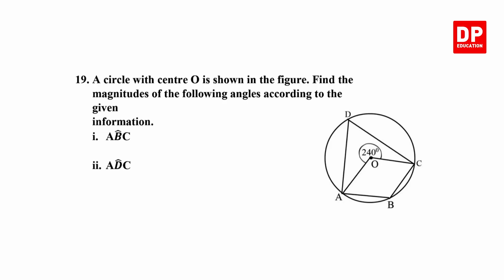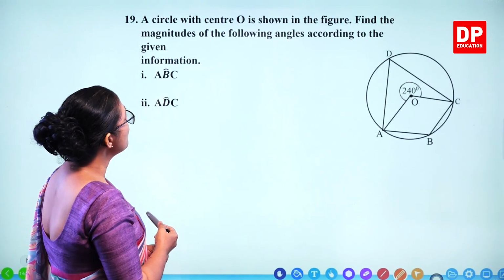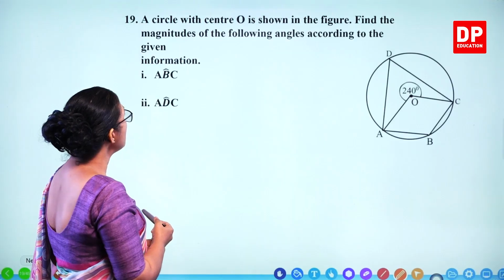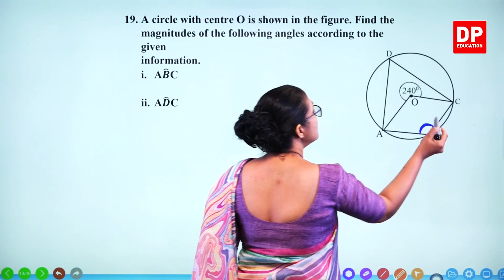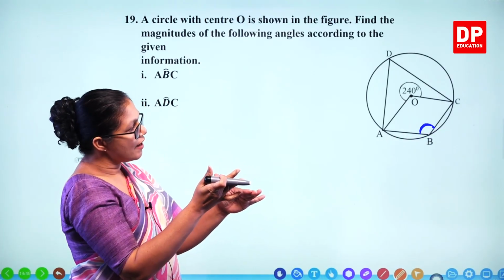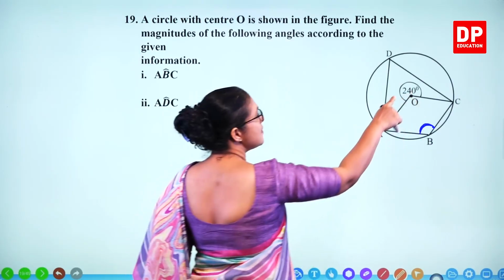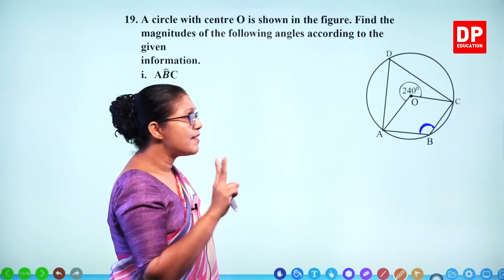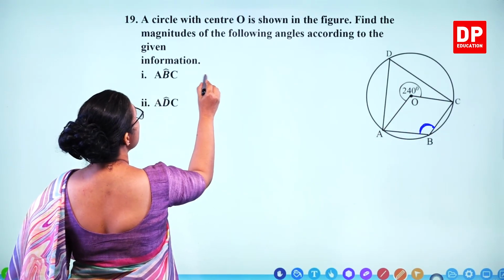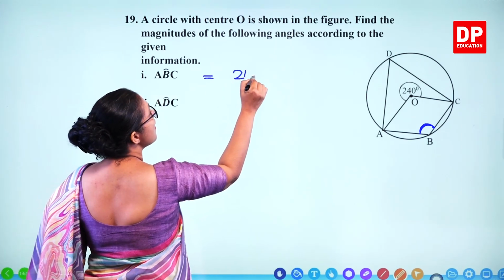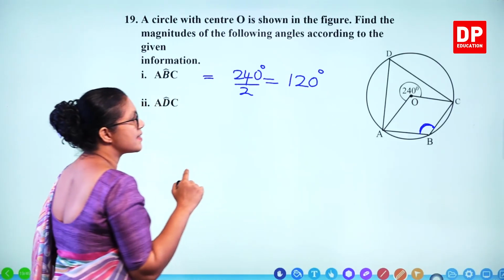Question number 19. A circle with center O is shown in the figure. Find the magnitudes of the following angles according to the given information. A, B, C. This angle. So you have to turn the diagram and see. This is the angle subtended on the circumference, and this is the angle subtended at the center. So what's the relationship? This angle is half of that. So straight away you can say ABC angle is 240 divided by 2, 120 degrees.